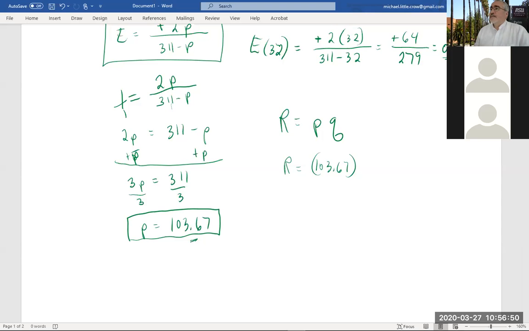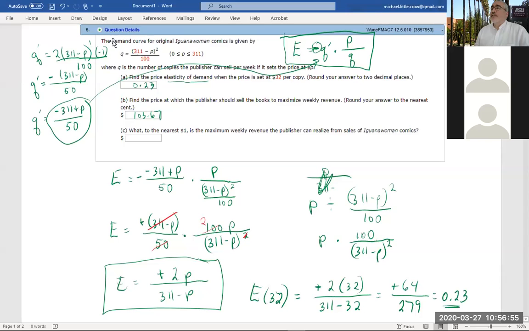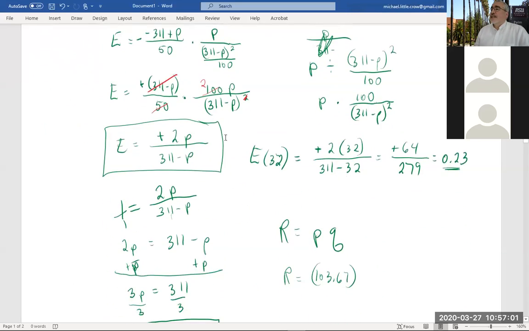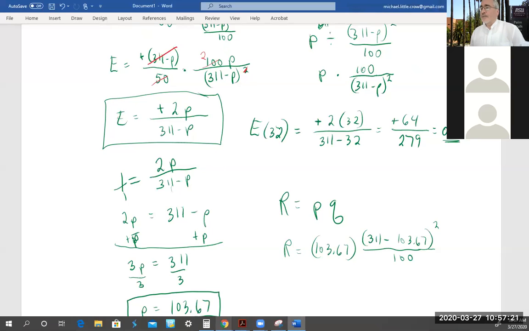Q, come back up here, is this original equation they gave us. So it's 311 minus P squared over 100. So 311 minus P, which we now know is 103.67, squared over 100. So now we just do the arithmetic on this one.